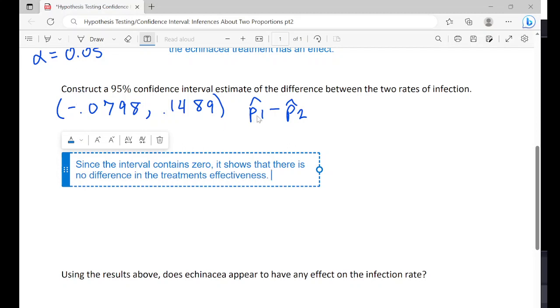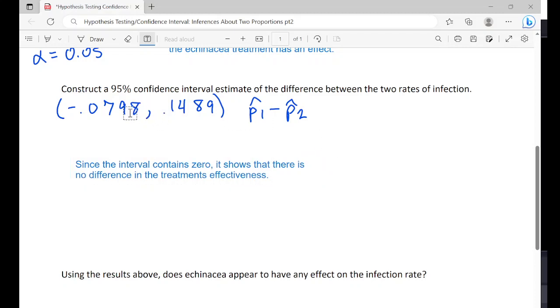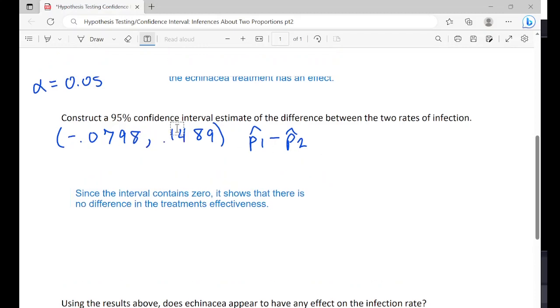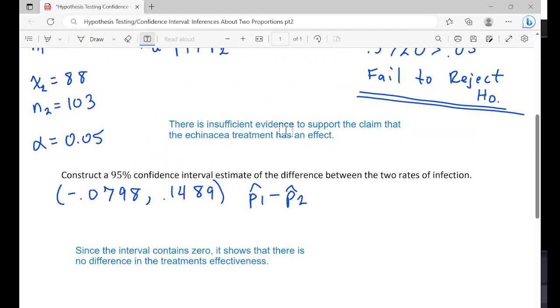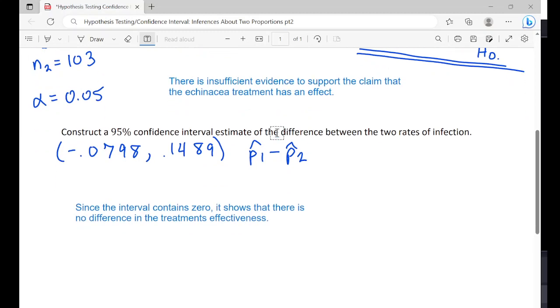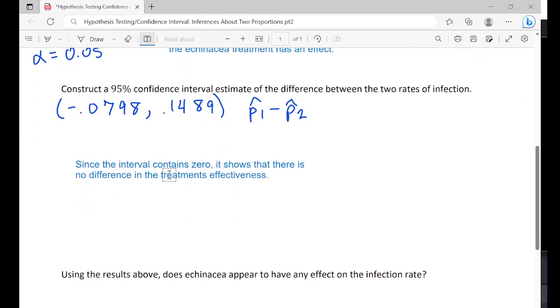Because if the treatment effectiveness is the same, when we subtract them, we would get 0. So since it contains 0, there's essentially no difference. And since we said up here that there is nothing to support that there is a difference, we're essentially saying the same thing. This claim says that there is not enough evidence to support that there's a difference. And the interval is saying, because it contains 0, that there is no difference.